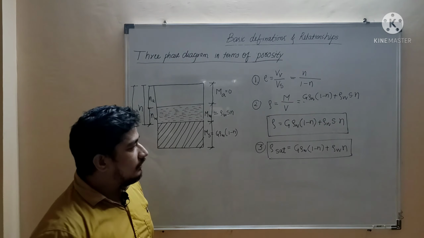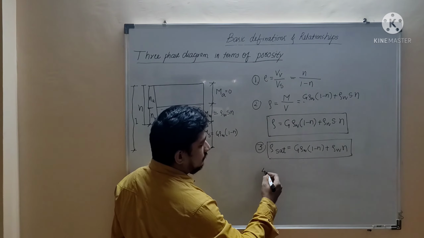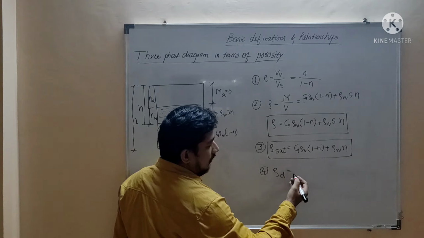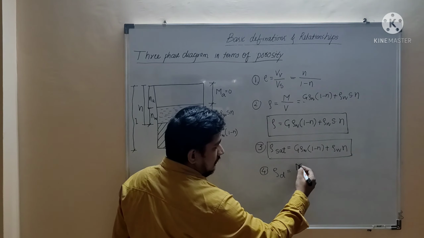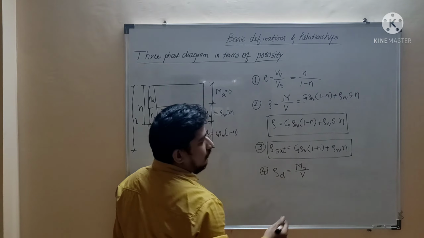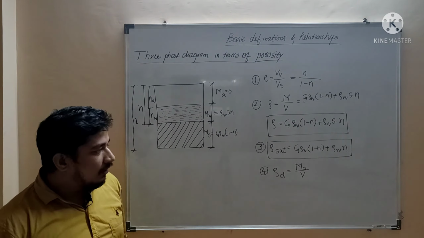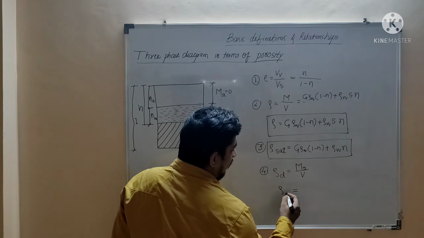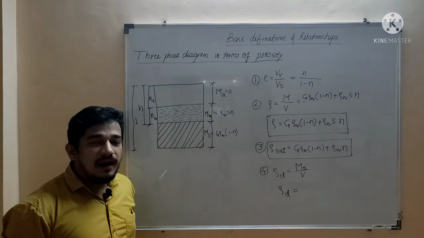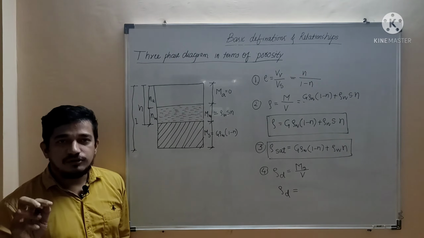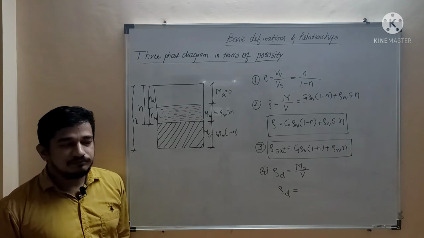After that, the fourth one is rho d. Rho d is nothing but the mass of solids upon total volume. When the soil is in totally dry condition, the degree of saturation will be 0 and the air content will be 1.